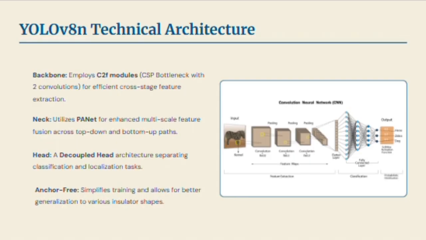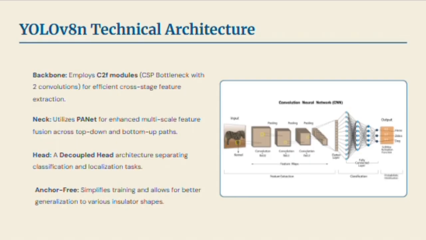Now let's see about the third part. The head of YOLOv8n is the detection layer where the actual predictions are made. It uses an anchor-free and decoupled design, which means it does not rely on predefined anchor boxes and instead directly predicts object locations. The decoupled structure separates the tasks of classification and bounding box regression, improving both accuracy and performance.